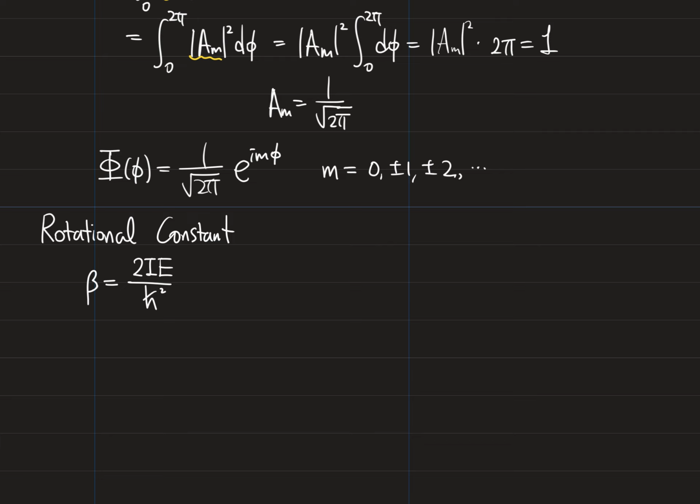Maybe today or maybe this week Wednesday, we will solve the Schrödinger equation for the rigid rotator. But before we try to solve that, we just accept the final result. And beta should be given like this.